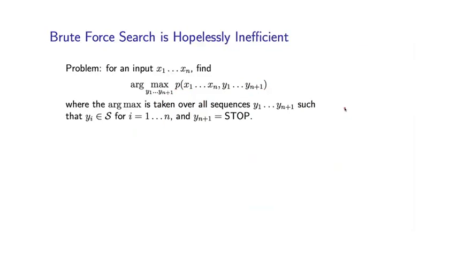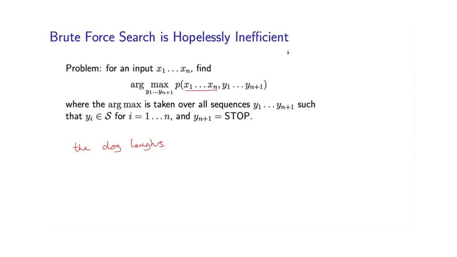So a first critical thing to realize, and a critical motivation for the Viterbi algorithm, is the observation that brute force search is going to be hopelessly inefficient in this scenario. By brute force search, I mean search through all possible tag sequences where we simply enumerate each tag sequence in turn. Let me illustrate this with an example. Say again, we have "the dog laughs" as the input, so that is x1 through xn in this case.